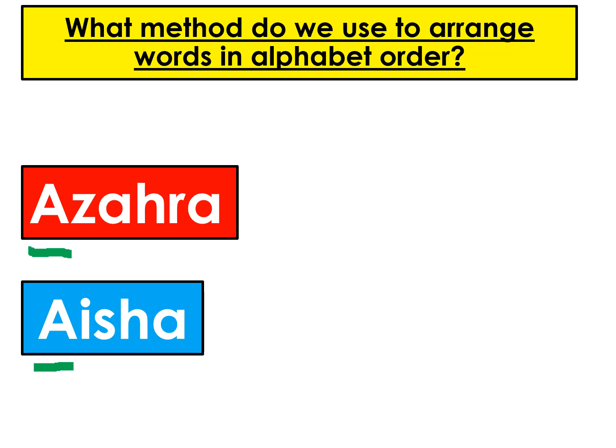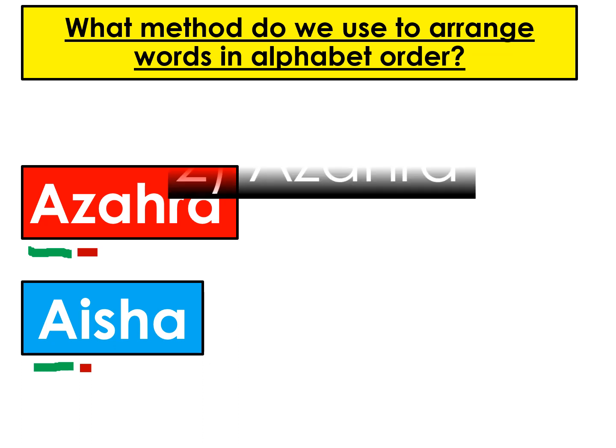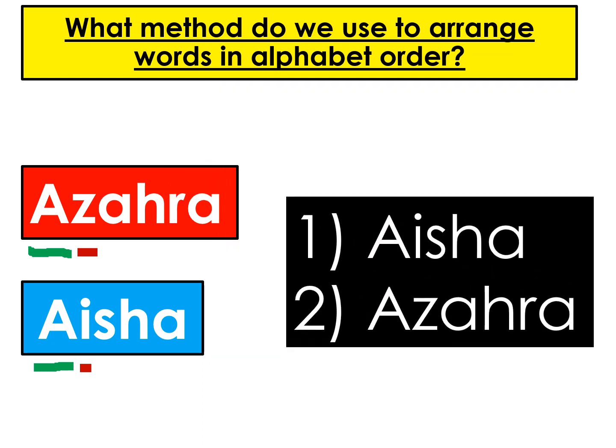So we look at the next letter. We've got a Z in Azara's name and we've got an I in Aisha's name. Now we know that I comes before Z in the alphabet, so that would mean Aisha's name would come before Azara's name in alphabetical order.